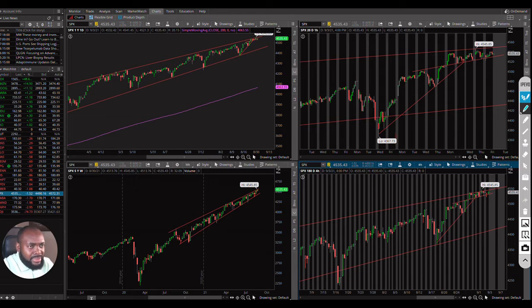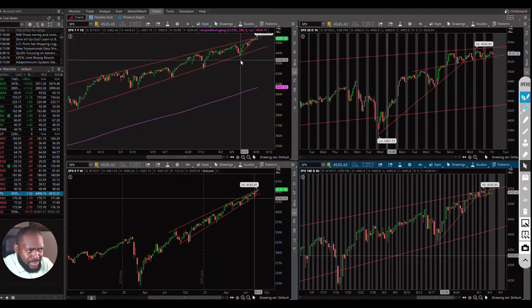All right, so I'm still optimistic. This channel is holding up very nicely for the SPX, so I'm anticipating that if momentum comes in stronger, we can see this thing potentially break out of the channel to the upside and perhaps continue running. All right, so that's how I'm looking at the SPX for right now.